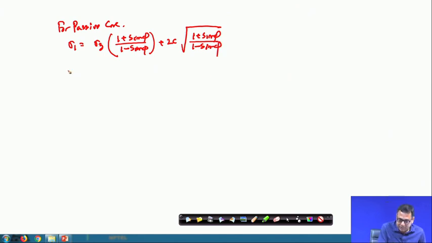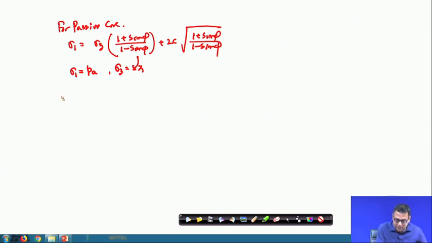Okay. And for the passive case, your sigma 1 is equal to P P, sorry, this is P P, and sigma 3 is equal to gamma z.